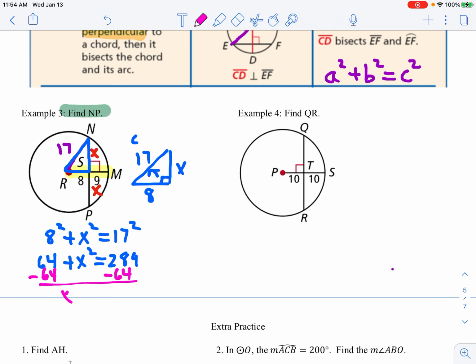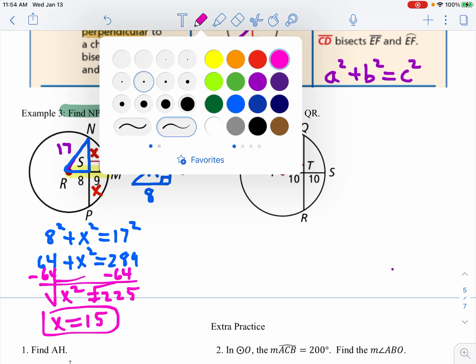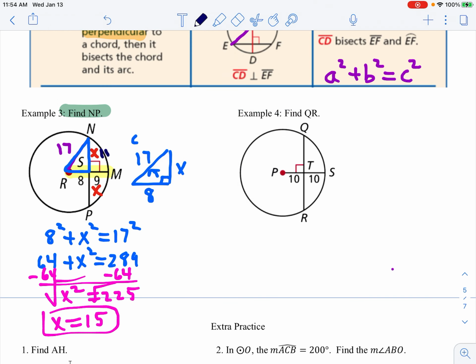I'm left with x squared equals 225. I'll square root it, which tells me that x is 15. Now, the question wants us to find NP. So, if I got 15 for x, and I got 15 for my other x, then 15 plus 15 will tell me the whole thing for NP, which tells me NP is equal to 30.